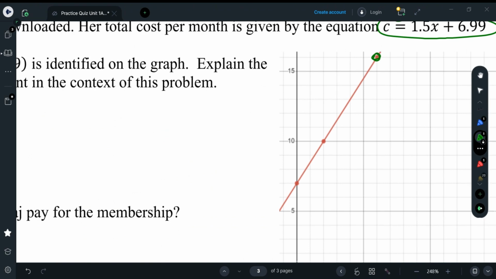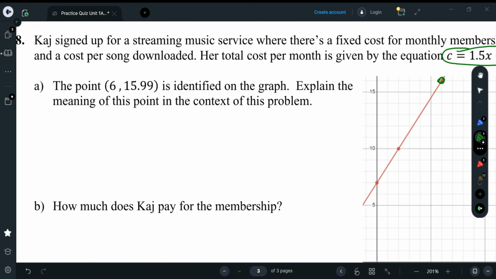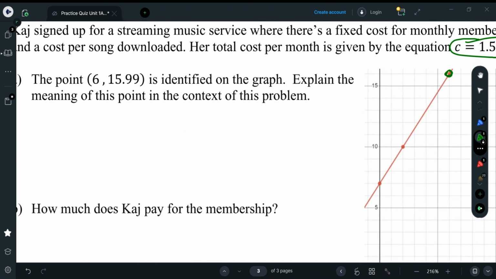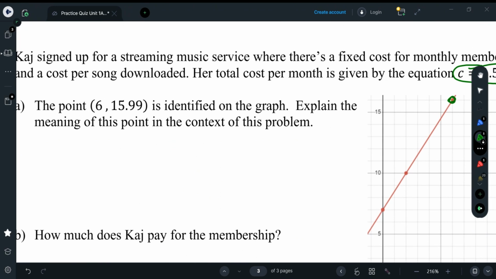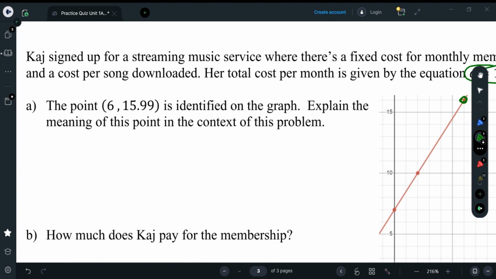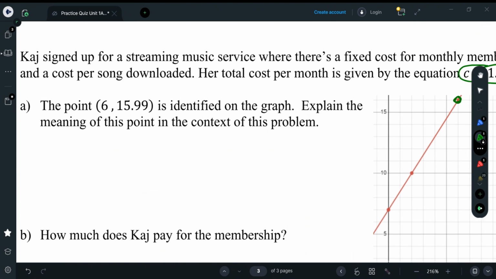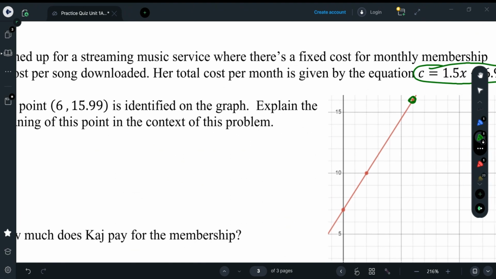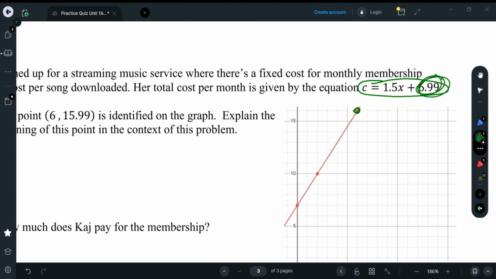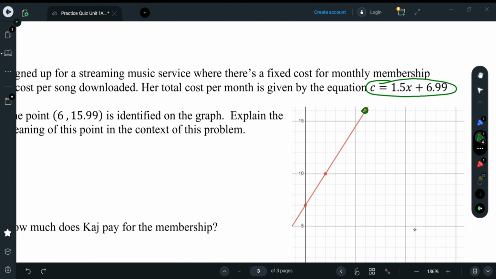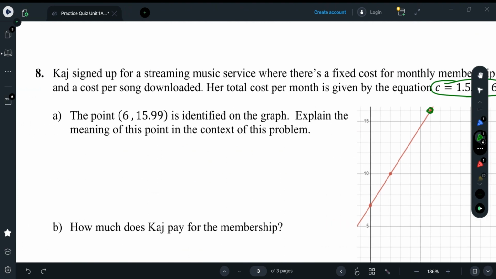Okay, but here where it says explain the meaning, what does it mean? Okay, well, 6 here is going to be the number of songs that she downloaded in the month, and $15.99 is going to be her total fee for the month. The flat fee of $6.99 plus the fee for downloading 6 songs. So we can write this down here.